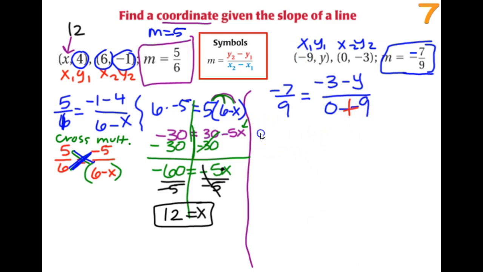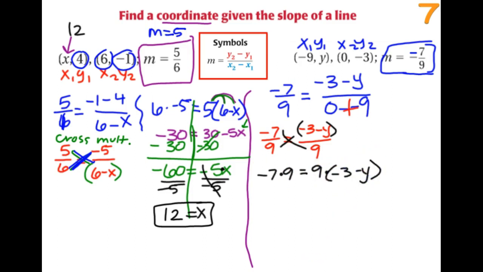So when we simplify this, we have negative 7 over 9. Negative 3 minus y we can't simplify, but 0 plus 9 is just 9. So let's cross multiply. Keep that part in parentheses. Negative 7 times 9 on one side, and then 9 times, in parentheses, negative 3 minus y.